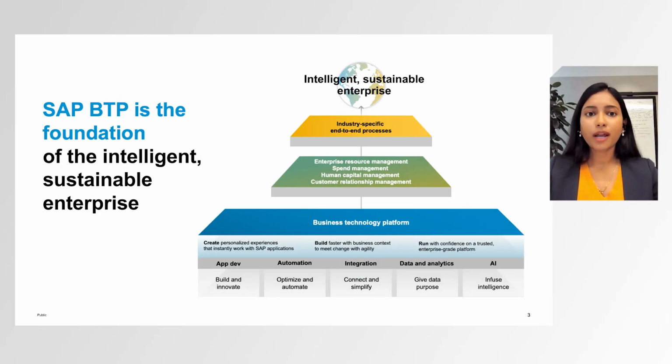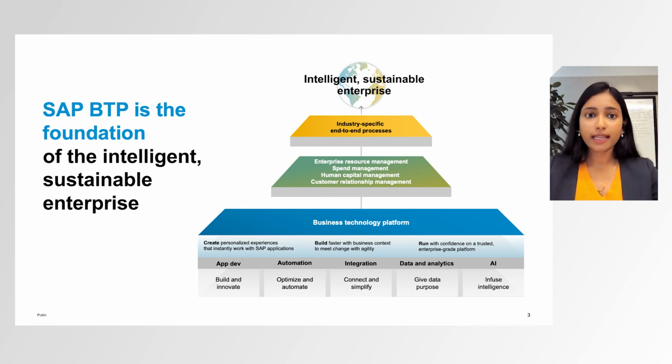The BTP platform comprises services and products primarily of four categories. The app development services and products facilitate creating LOB or industry-specific extensions and apps to achieve your business goals. Integration services and products help with connecting processes, events, APIs, and data across your hybrid and heterogeneous landscape.